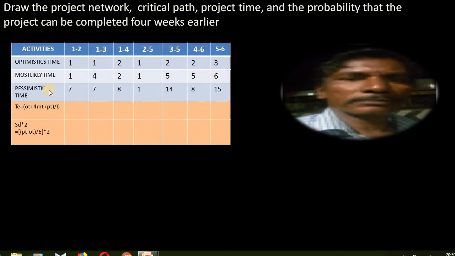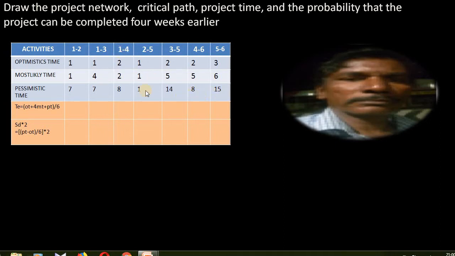The last one is the pessimistic time, meaning that we are thinking negatively about the event taking place. That time is 7 weeks for the first activity, 7 weeks for the second activity, 8 weeks for the third activity, like that it goes.